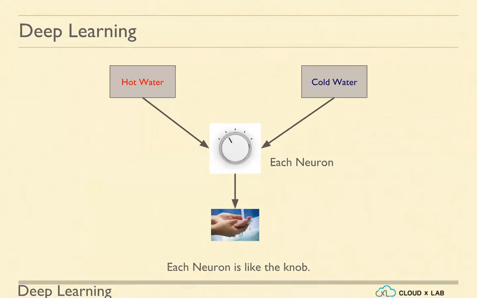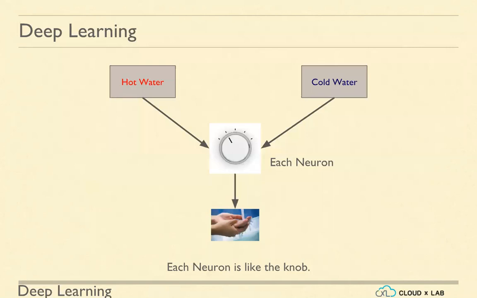So here, when we are going to take a bath, before that we spend some amount of time figuring out the best position of the knob, right? That's training. That's training a neural network, right? And once we are done with the training and we can comfortably take a bath, we can just turn it on, and you don't need to keep on tweaking it again. So that's basically using a model to do the rest of the predictions.